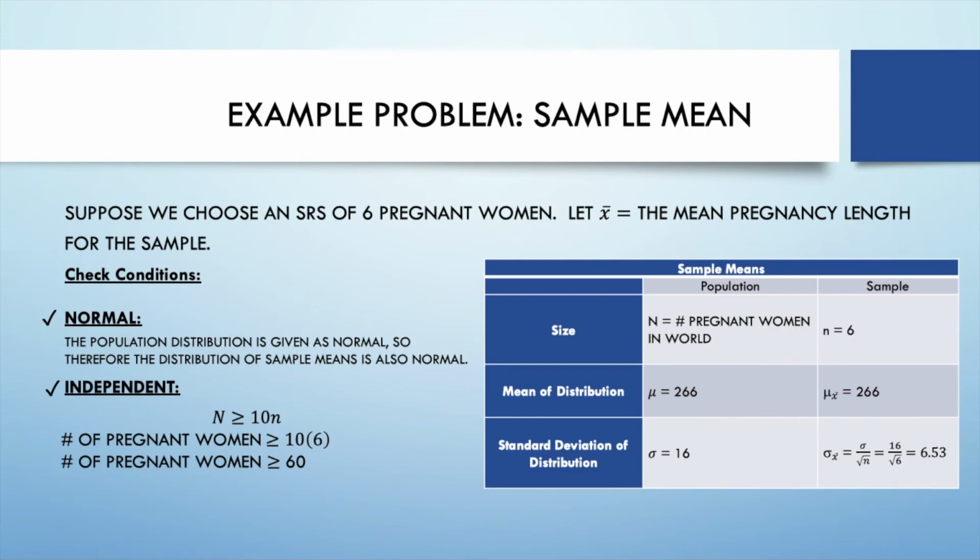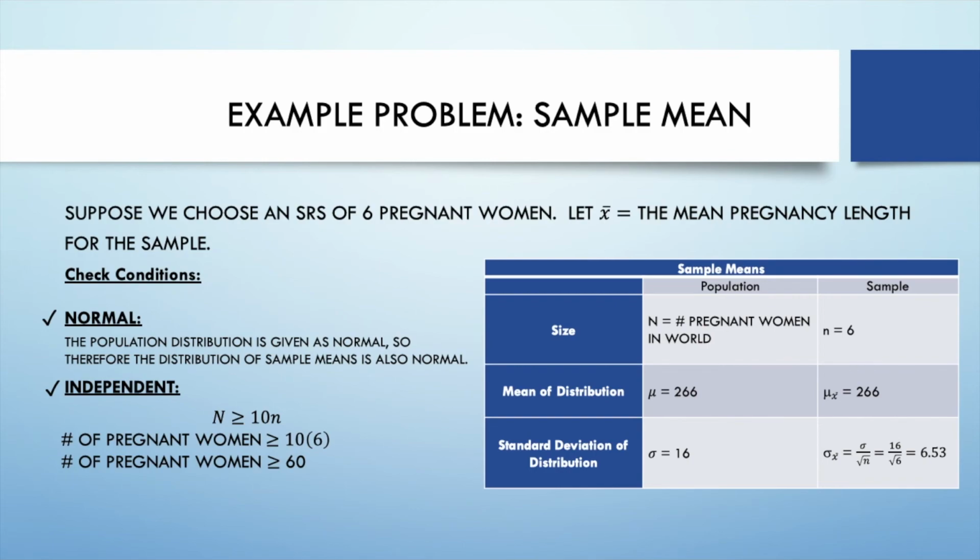Our standard deviation of the entire population is sigma equals 16, but the standard deviation of our sample means will be smaller because, remember, sample means are less variable. So we use that formula, putting 16 in for sigma and 6 in for n. If we use our calculator to do that division, we see that's about 6.53. So our new standard deviation for the sample means is 6.53.